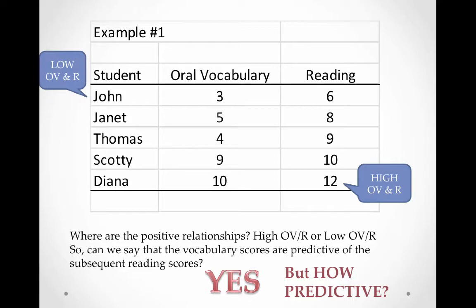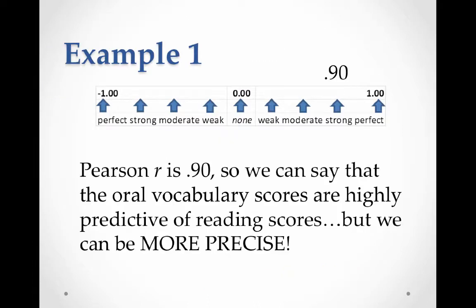Correlation is really focusing just on saying there's a relationship. Now we're working to move towards prediction. So Pearson R is 0.9. That's your correlation. So we can say that the oral vocabulary scores are highly predictive of reading scores. But you can actually go on and be even more precise.